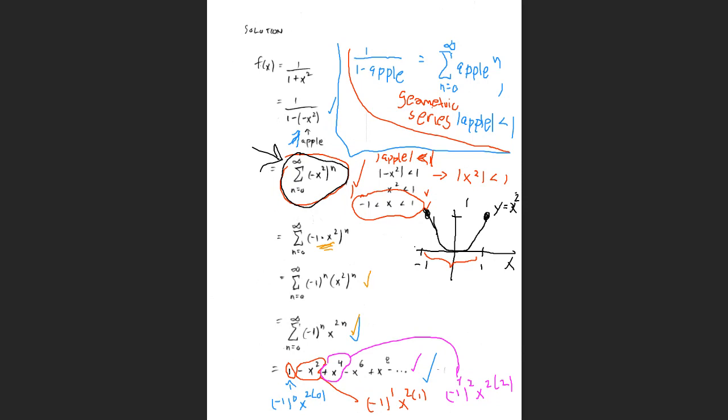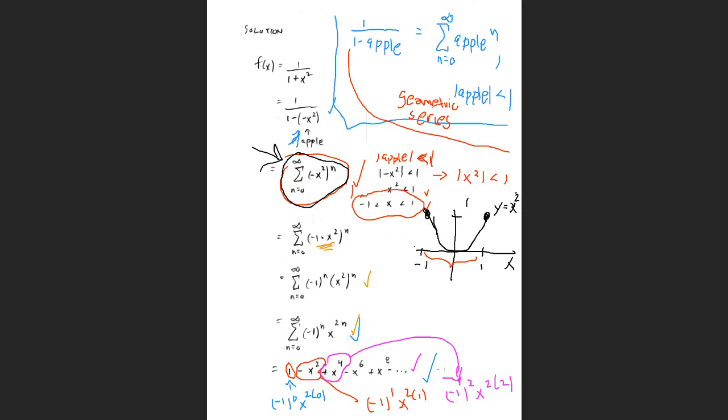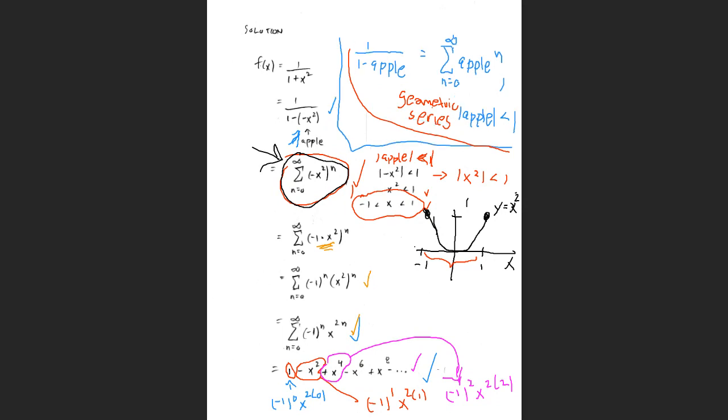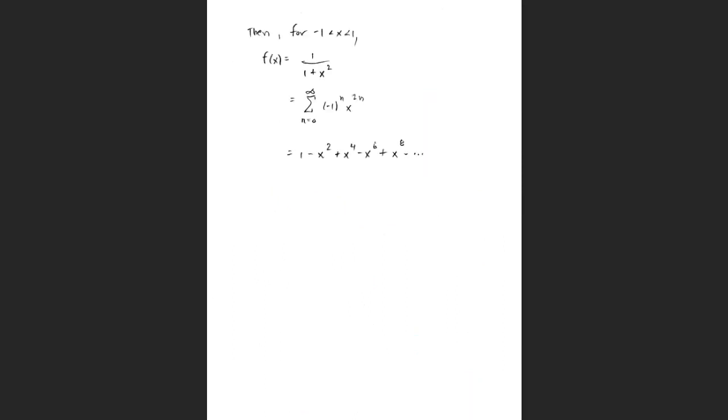All right, so we've identified a power series representation for our function. Are there any questions before I move to the next page? Okay, so we've established that this rational function, and rational functions are sometimes hard to work with.